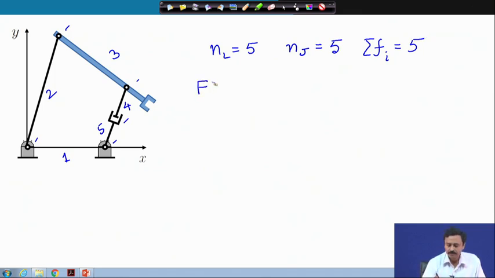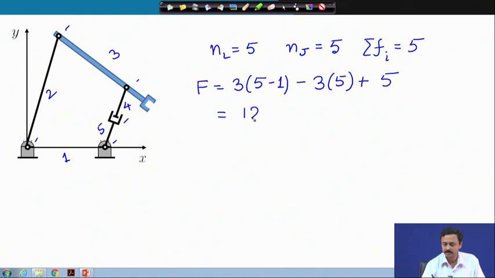Therefore, degree of freedom is 3 times 5 minus 1 minus 3 times 5 plus 5, that gives us 12 minus 15 plus 5, that is 2. Therefore, this also has 2 degrees of freedom.